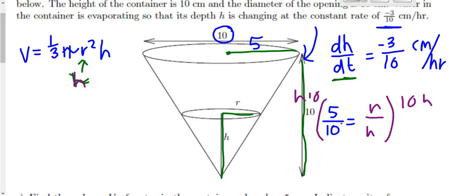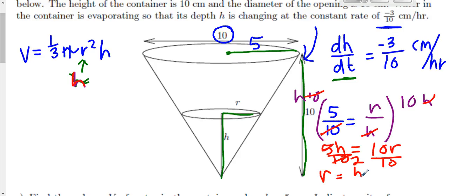So those will cancel out these 10s and these h's. So we have 5h equals 10r. And we want r equals in terms of h, so we divide by 10. And 5 and 10 can cancel. We have 2 on the bottom, so that's h over 2.